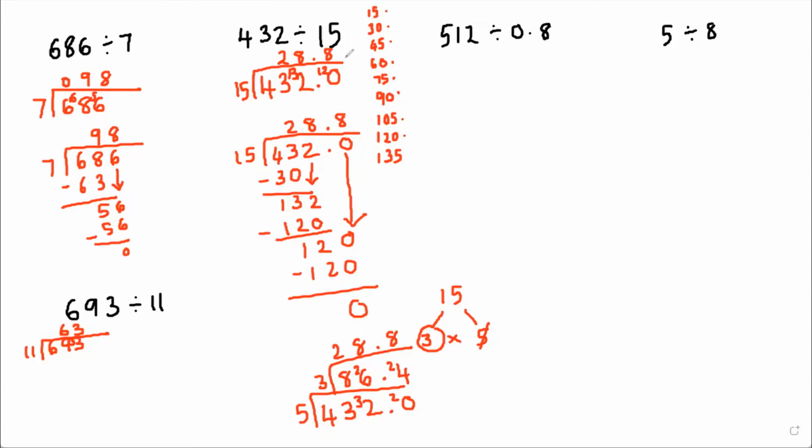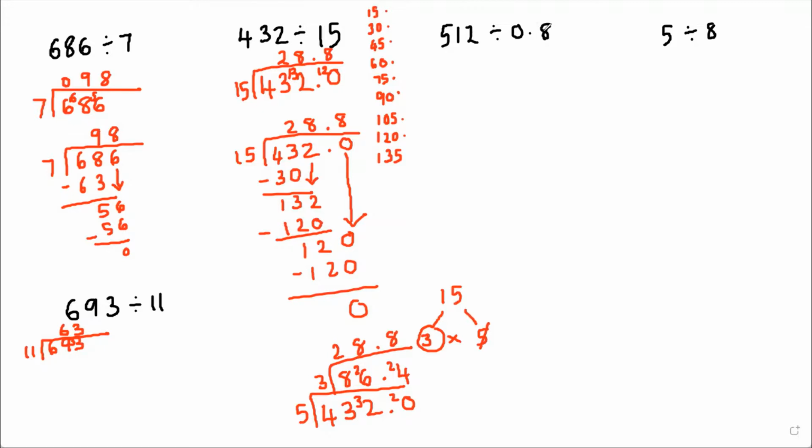Now we're going to have a look at how to divide by a decimal. The way that I would always teach this is don't. You can divide by decimals, of course you can, but it's much, much easier if you make them into whole numbers. And obviously with our number system being decimal, you can just times by 10, 100 or 1,000 to make your decimal into a whole number.